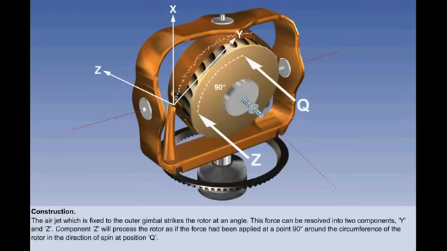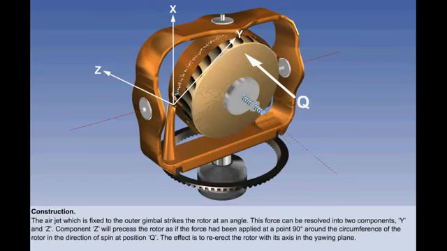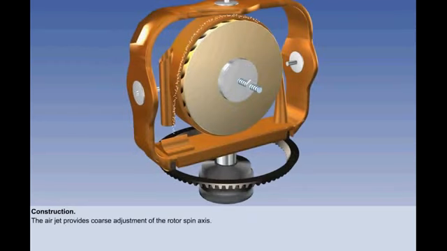Component Z will precess the rotor as if the force had been applied at a point 90 degrees around the circumference of the rotor in the direction of spin at position Q. The effect is therefore to realign the rotor with its axis in the yawing plane. The air jet provides course adjustment of the rotor spin axis.